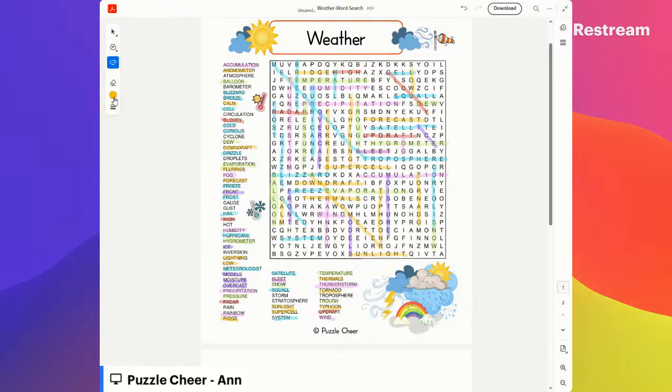I forgot to cross it off. Okay. And then hot is vertical right there. So hot is 4 columns in from the right.